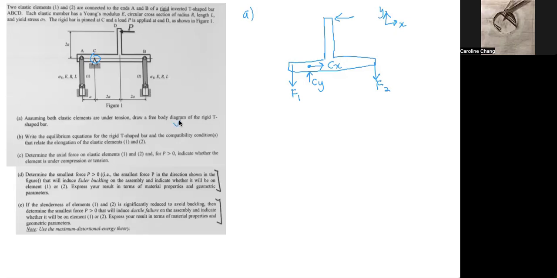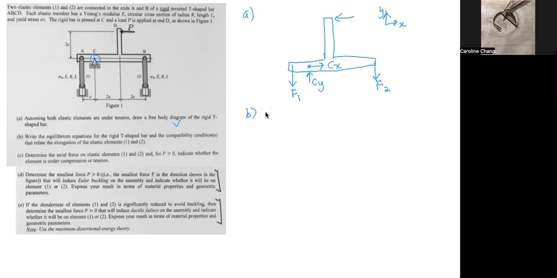So we have done that. Now let's write the equilibrium equations for the rigid T-shaped bar and the compatibility conditions that relate the elongation of the elastic elements 1 and 2. We will take the moment around C because this is a convenient point, as we don't have to worry about these two unknown reaction forces here.